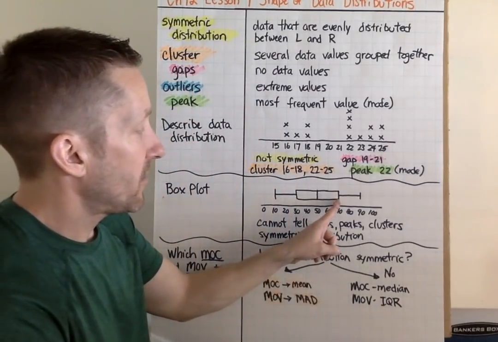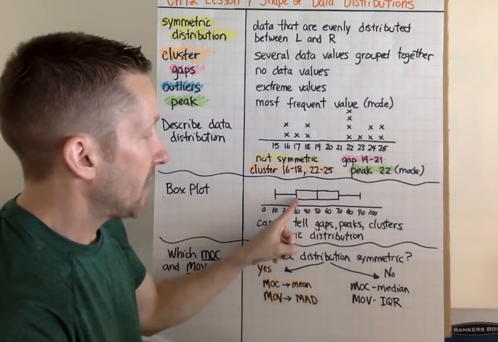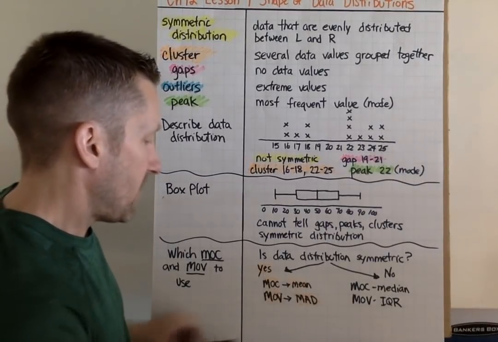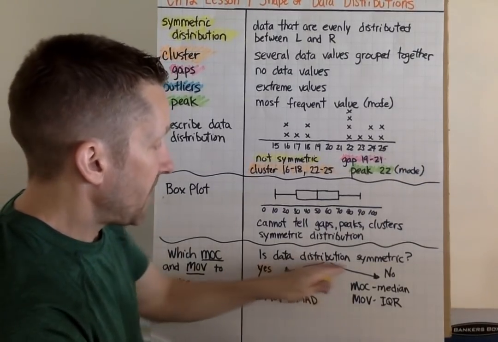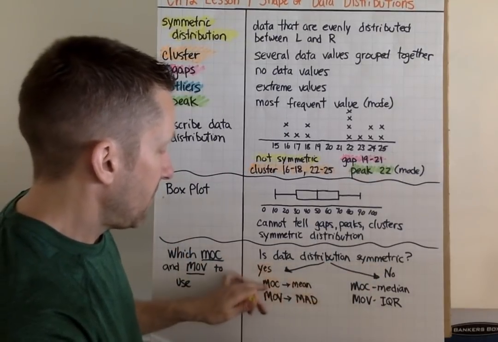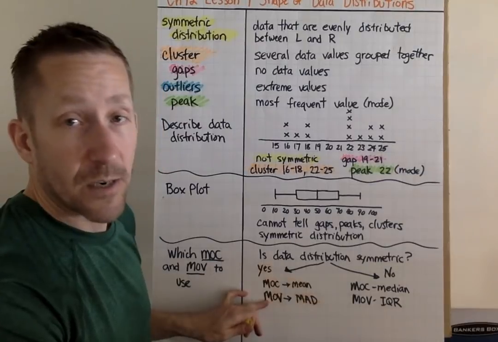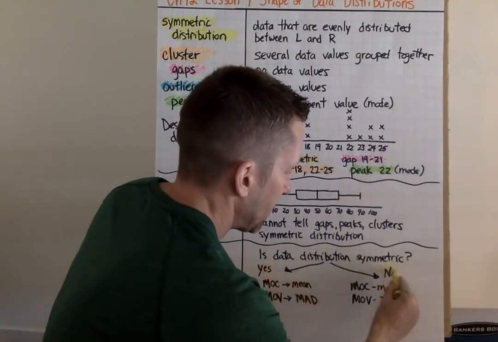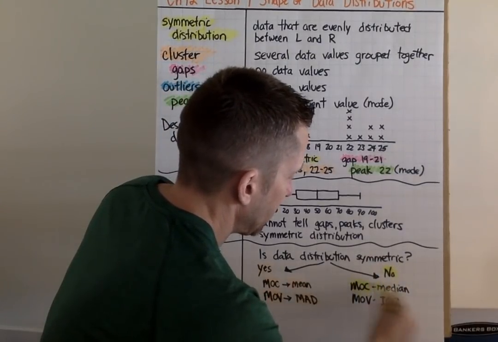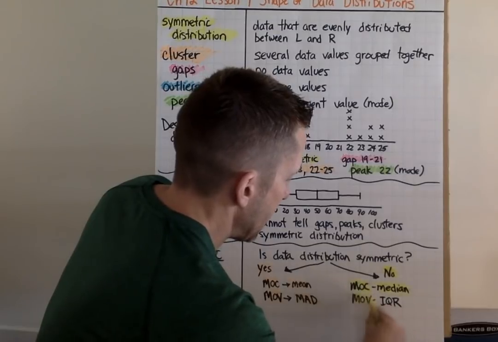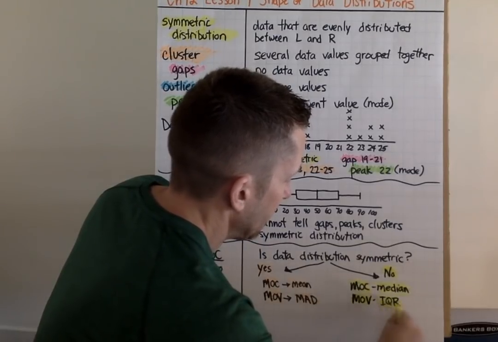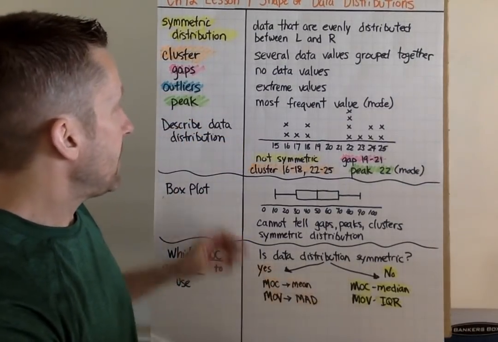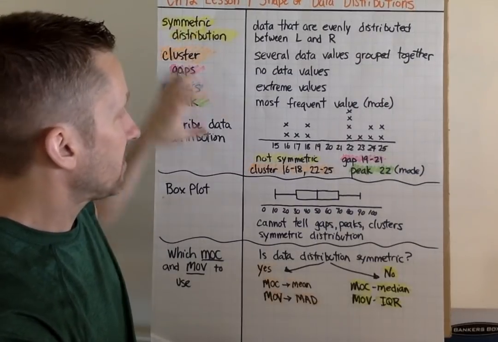So again, finding your third quartile, your first quartile, and subtracting for the interquartile range.